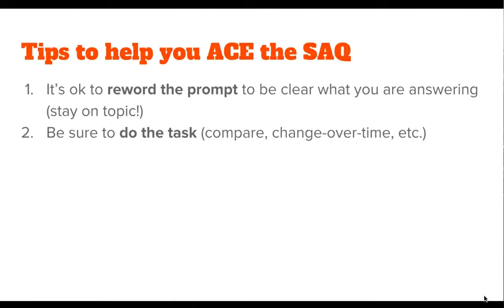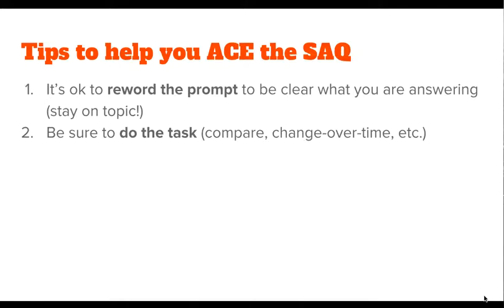Number 2, be sure that you do the task assigned by a particular SAQ. Some SAQs will be comparative or change over time. Others might ask you to identify or explain a broader trend or an idea in world history. But especially if it's one of those compare or change over time tasks, or even a contextualization task, which we'll talk about a little bit later in the school year, you need to do that task.